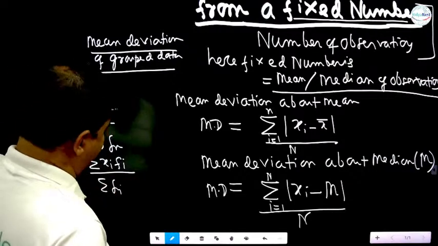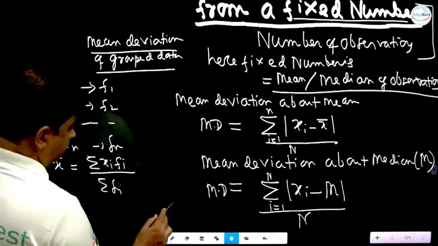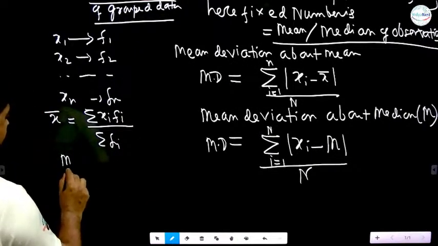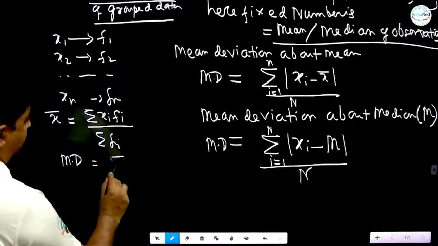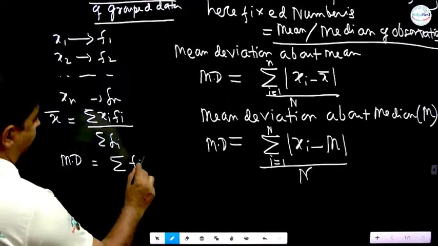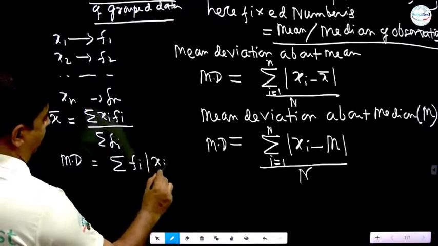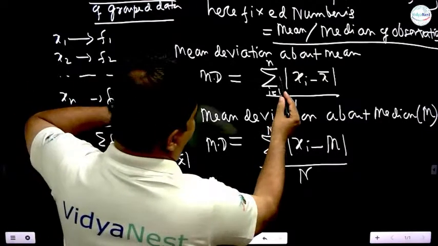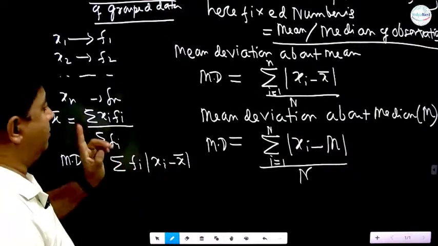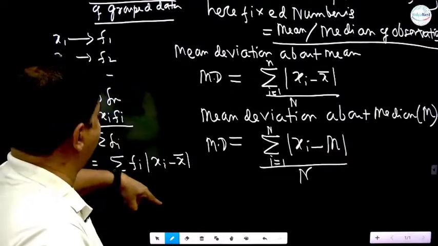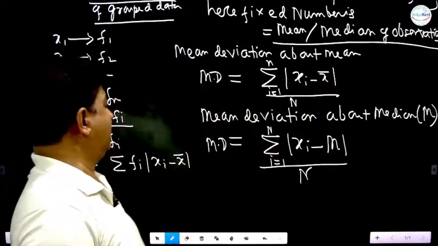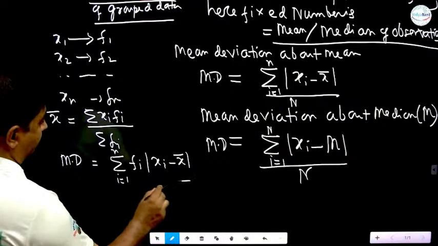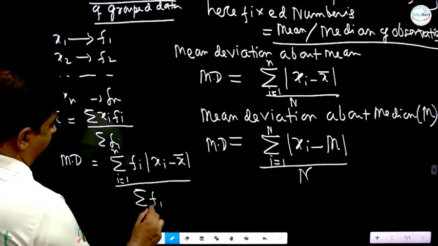Now mean deviation will be what? Mean deviation is summation of fi times absolute xi minus x bar, means with this term one fi is introduced, means all frequencies will be multiplied with this deviation, i from 1 to n, by summation of fi.